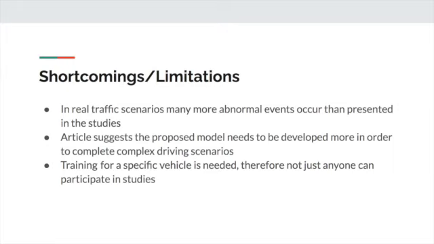The article explained that in order to study these unexpected occurrences that happen in real life traffic, the self-driving car model being studied must become more advanced first. I also found that in order to drive one of these self-driving vehicles, specific training was required, which limited the amount of people that could participate in these studies and that could drive this self-driving car to begin with.